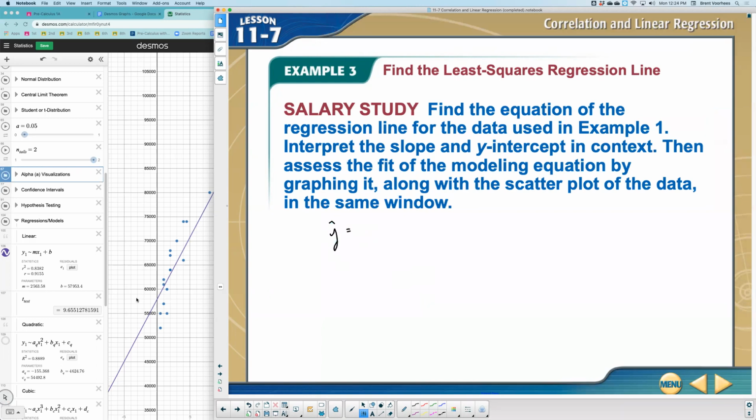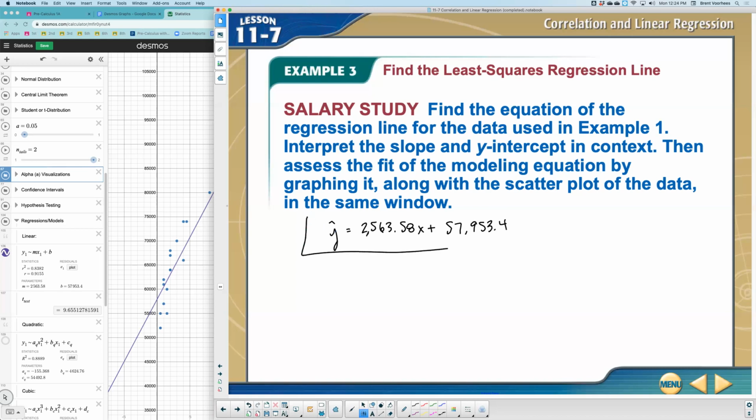So y hat equals 2,563.58x plus 57,953.4. I'm going to put commas in there to make it easier.